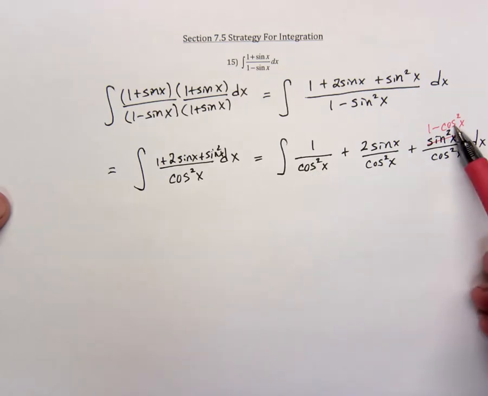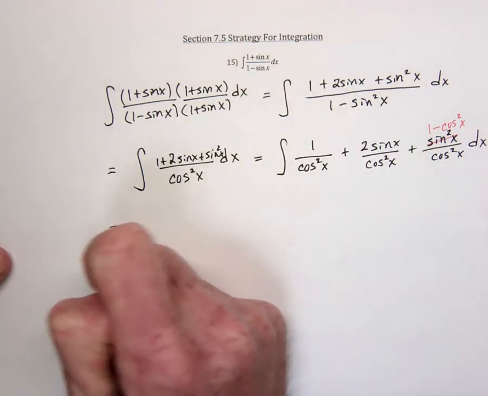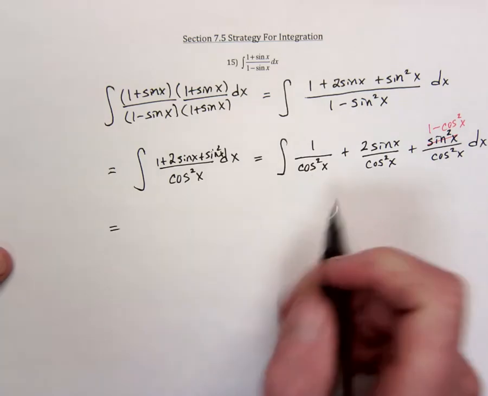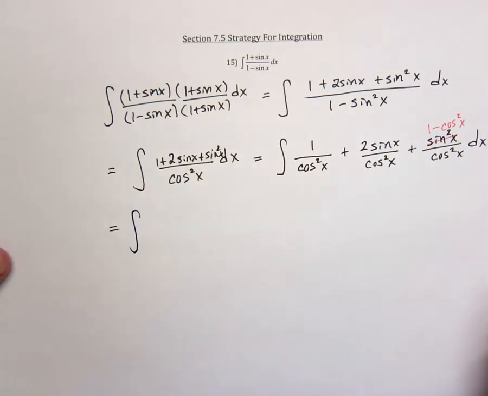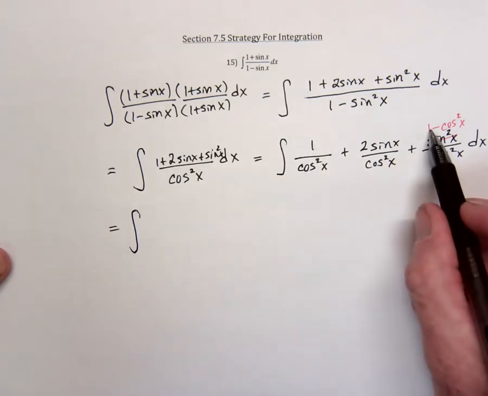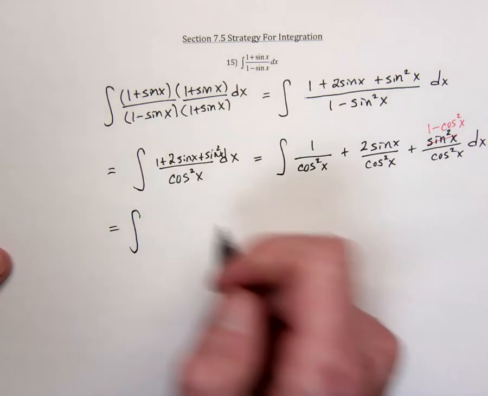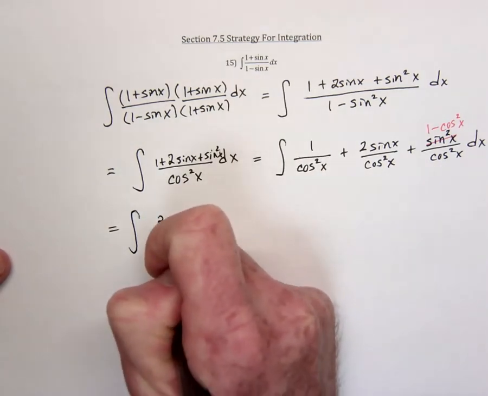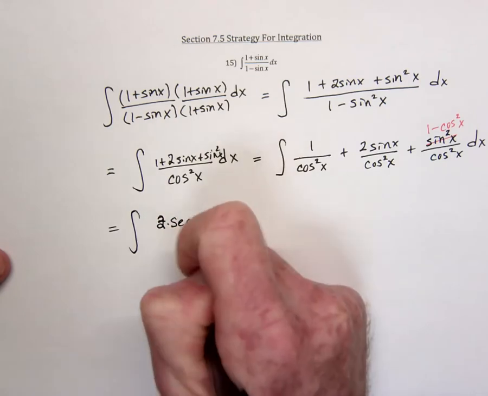And then we would have negative cosine squared over cosine squared, that's just a 1. Alright, let's change it. 1 over cosine squared is secant squared, so we need to integrate. There's one of them right here, and if you take this 1 over cosine squared, there's another one, so there are 2 of them that are secant squared.